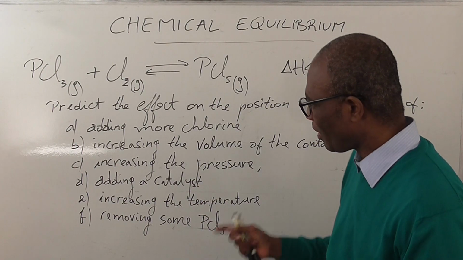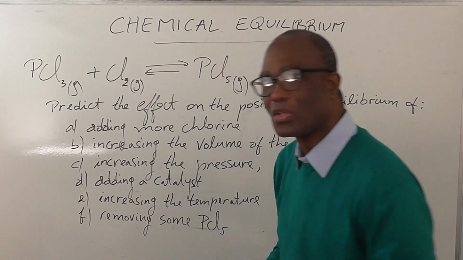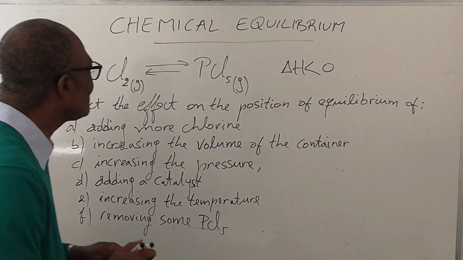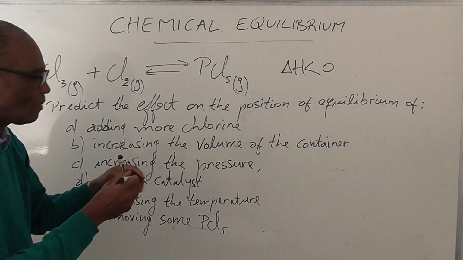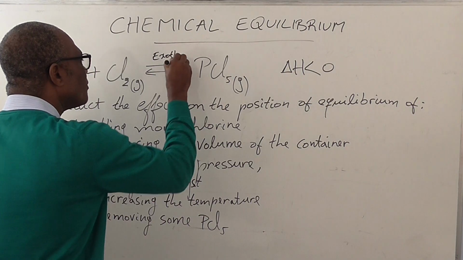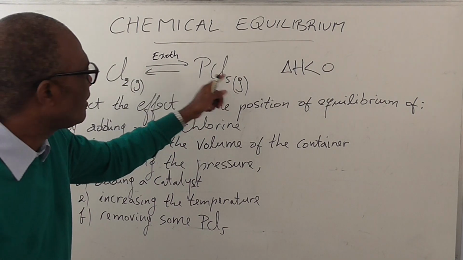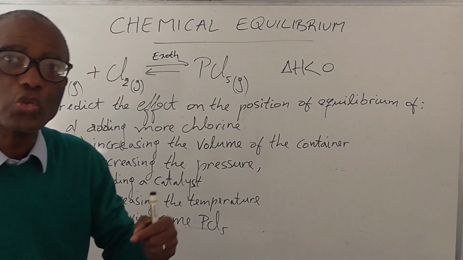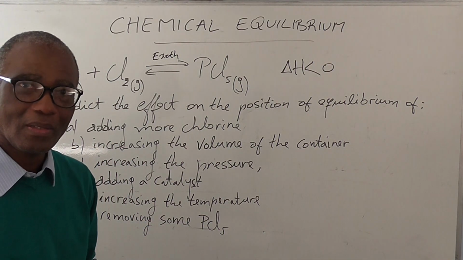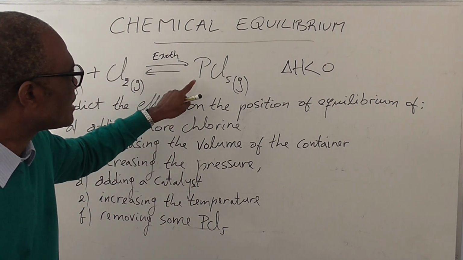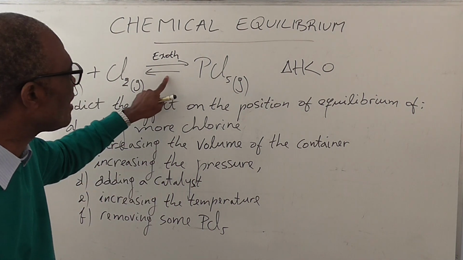Now, increasing temperature. We have said that the forward reaction is exothermic. When you go to the right, it is exothermic. When you supply heat, stress is applied, and the system will readjust to relieve the stress.